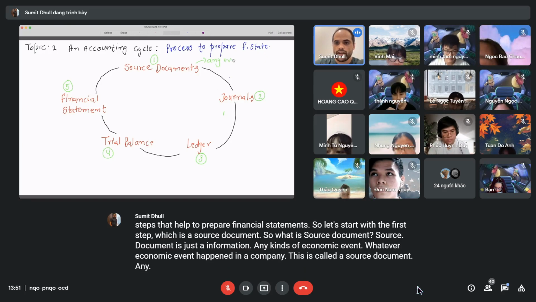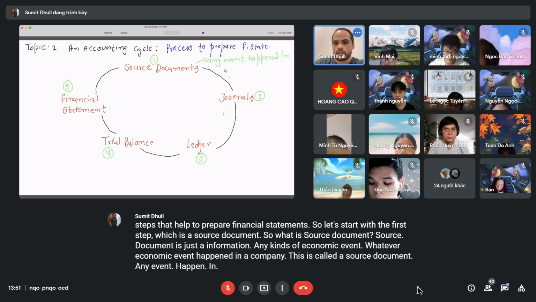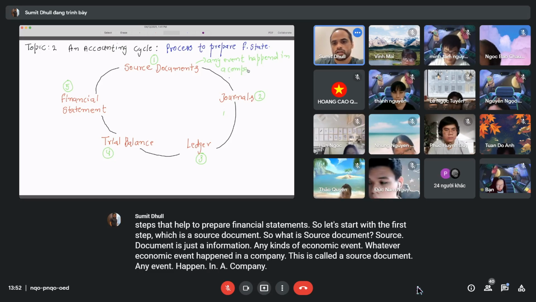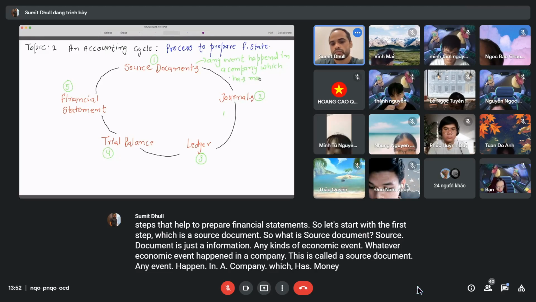Any event that happened in a company which has money value, which has a monetary impact.